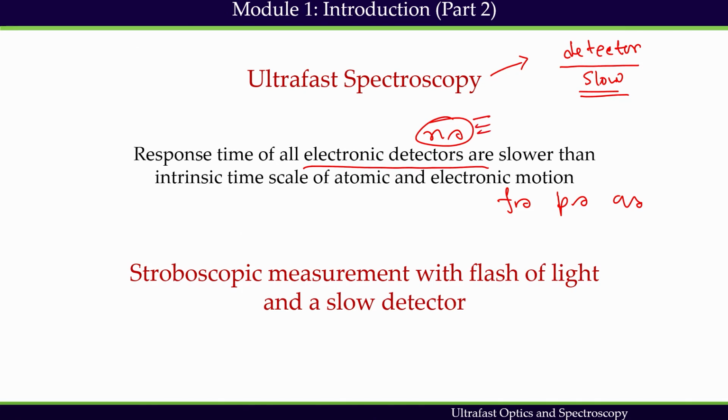We cannot have femtosecond, attosecond, or even few-picosecond time resolution with the help of electronics. Therefore, all time sensitive detectors are slow detectors when it comes to measuring the intrinsic time scale of nuclei and electrons. Therefore, only a flash of light provides a well-defined time window for time resolved measurements with a slow detector. How a slow detector can be used and what kind of interpretation we have, that is all about this course.